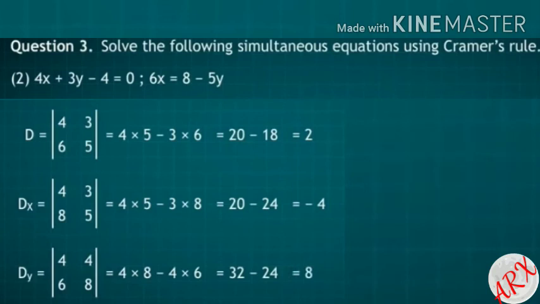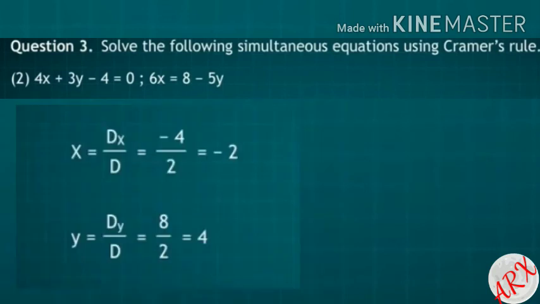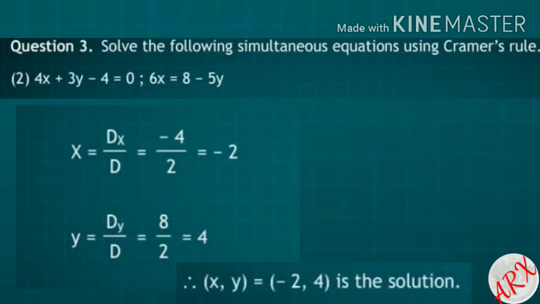Now by Cramer's rule, x equal to Dx upon D and y equal to Dy upon D. So we put values: x equal to minus 4 upon 2 equal to minus 2 and y equal to 8 upon 2 equal to 4. Hence, the solution of the given simultaneous equations is minus 2, 4.